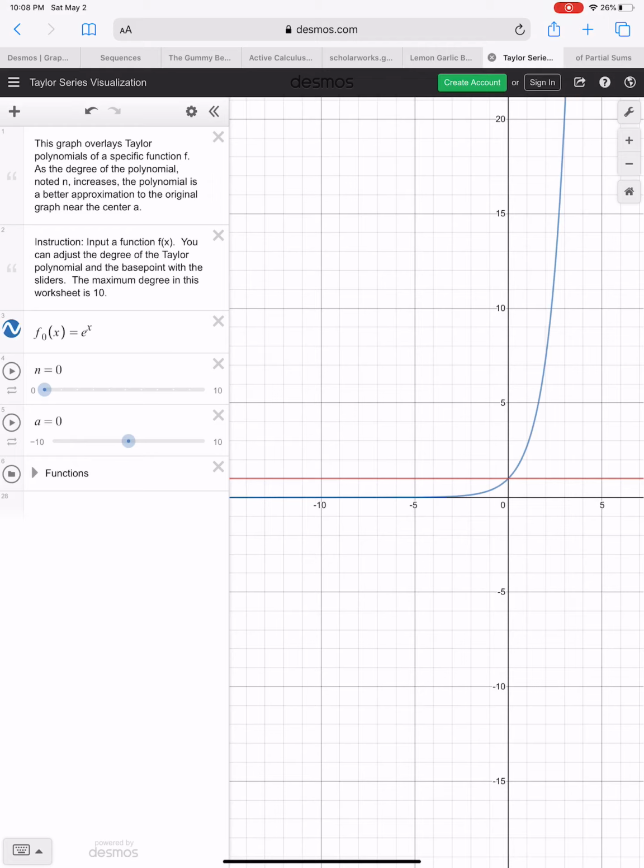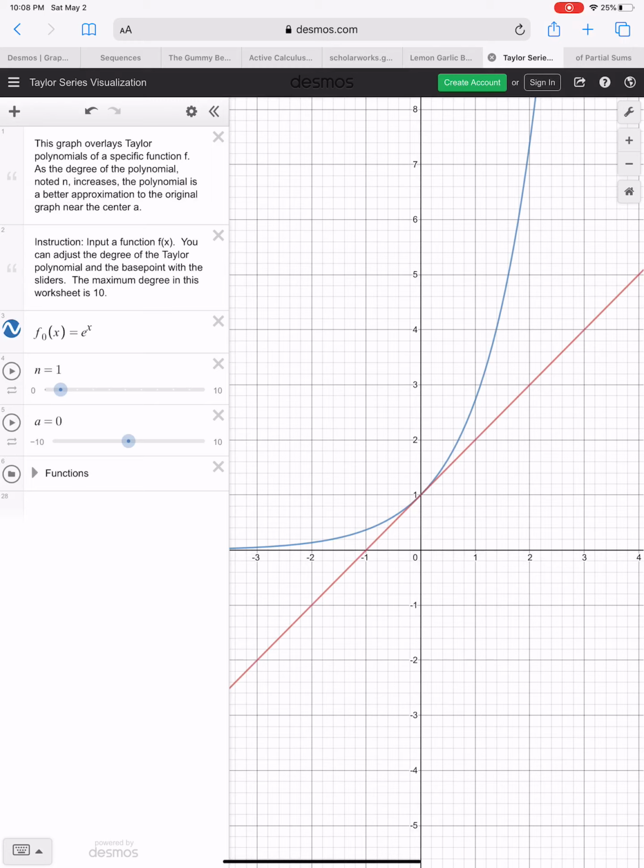And if we're trying to approximate near x equals 0, of course the best constant function is going to be the function 1. Then as you computed, you found the best line to approximate the exponential function, and you found the slope of that line is 1, and it passes through the point (0, 1).